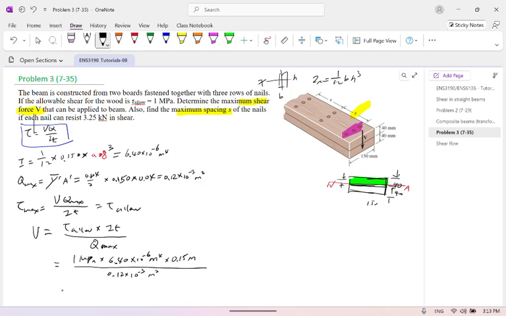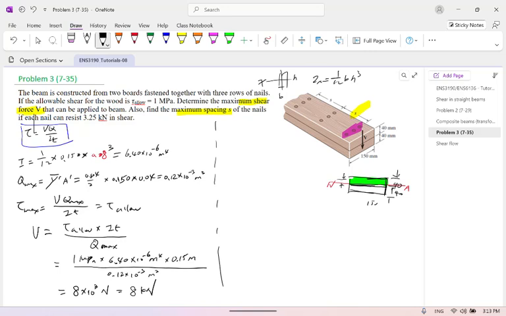So that will be equal to 8 times 10 to the power 3 newton, that means 8 kilonewton. So that's the maximum we can do.